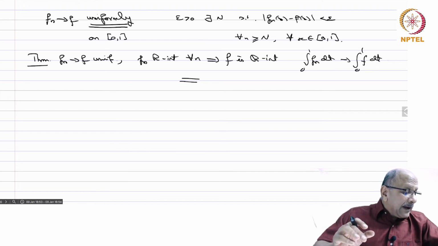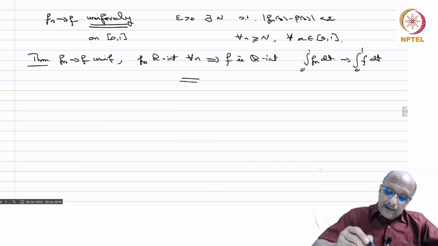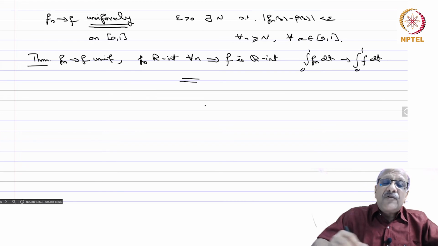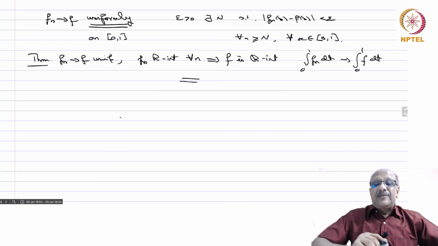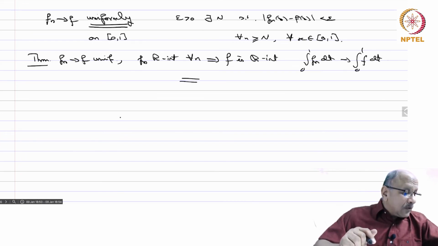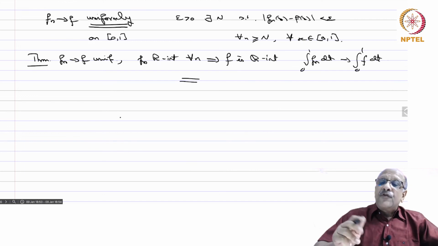Now, the idea of Riemann integration is in the definition of the integral. What we do is take a partition and then take points in the partition. So we are following the function along the x-axis, along the abscissa, and therefore we are forced to compare nearby values.